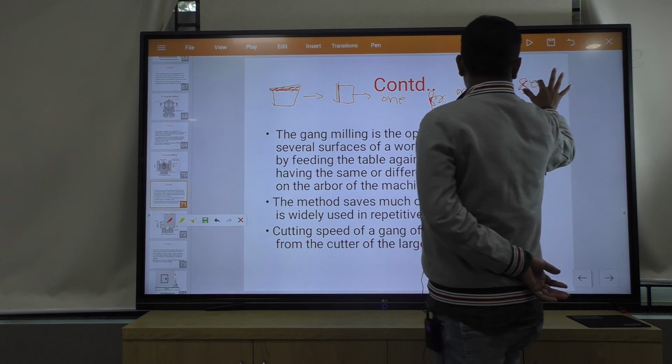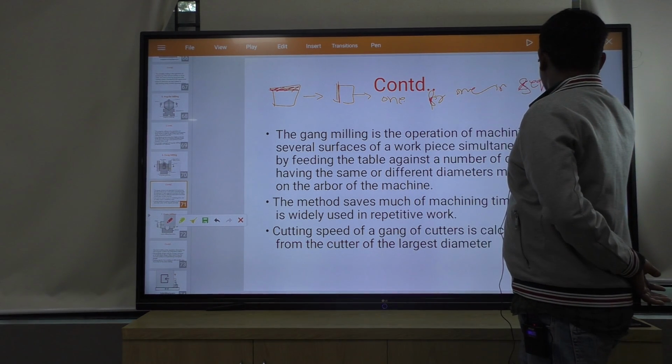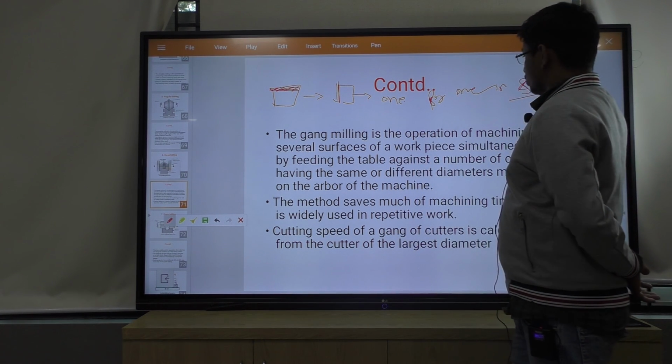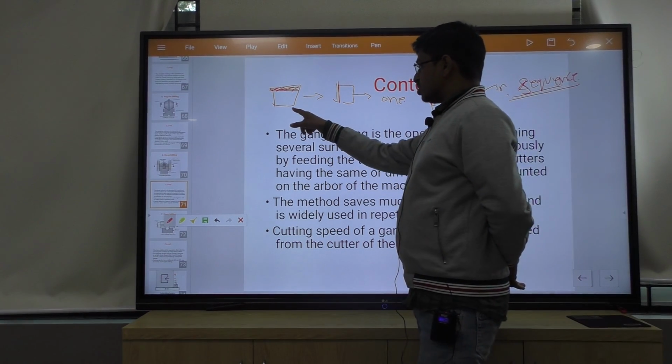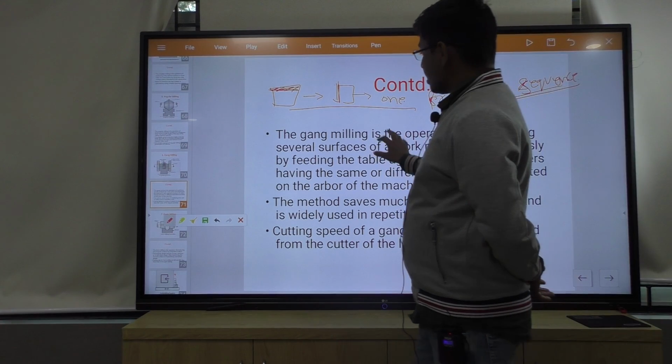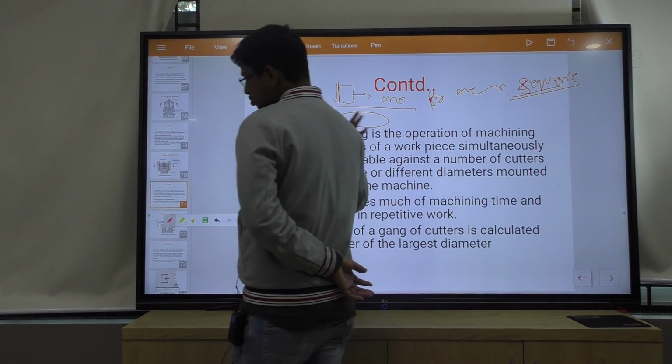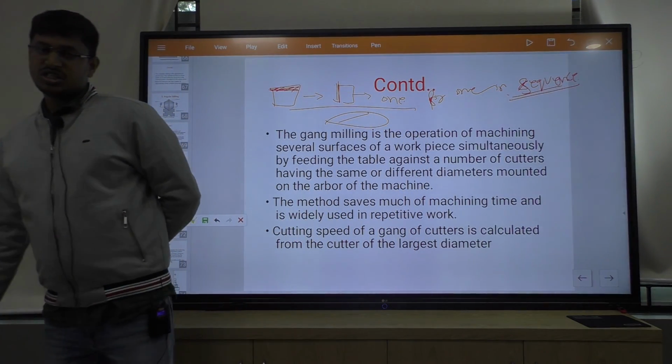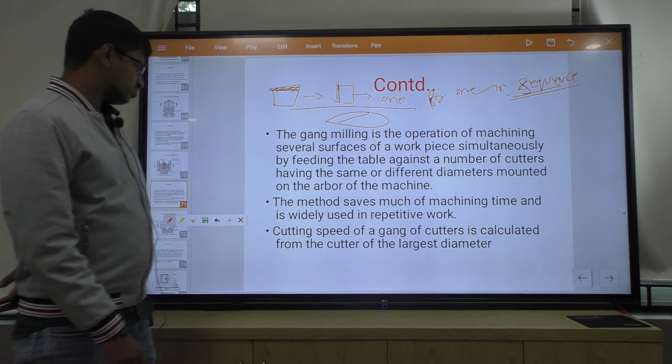The manufacturing process takes place sequentially, but in a gang milling machine, both the surfaces are produced simultaneously at a time. This saves much more time.